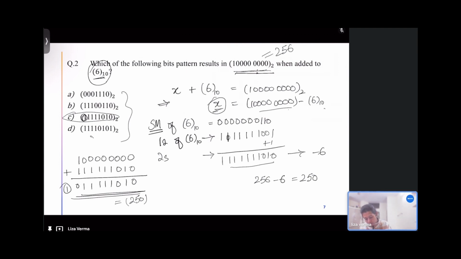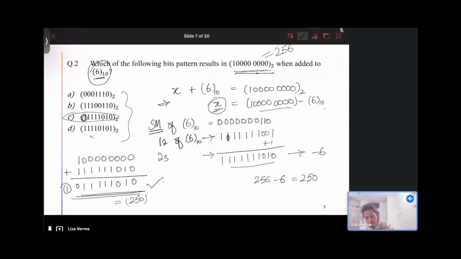So yeah, an option was given wrongly, but this is the correct answer. Yeah. So let's move on to the next question.